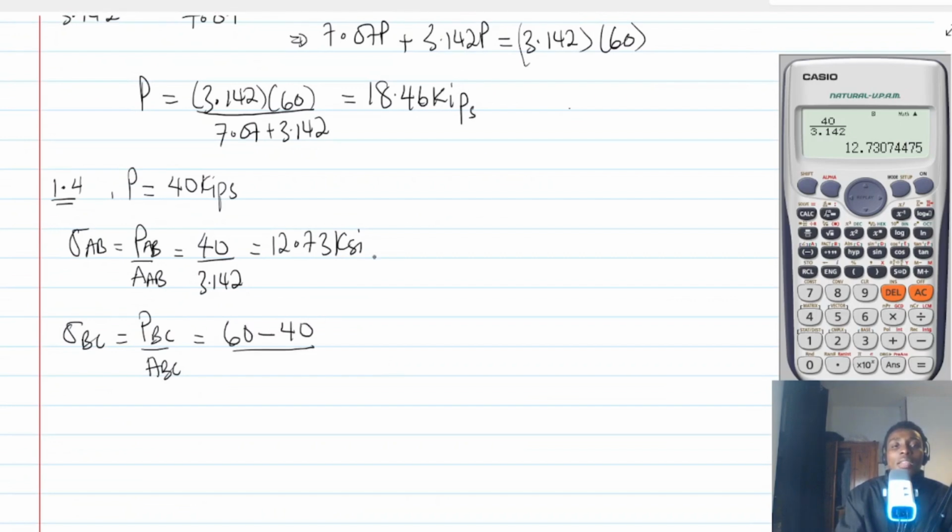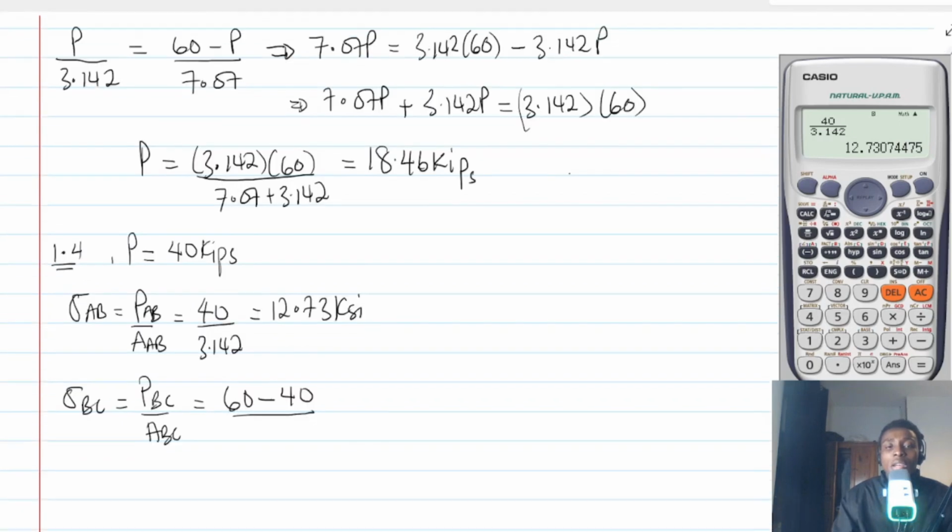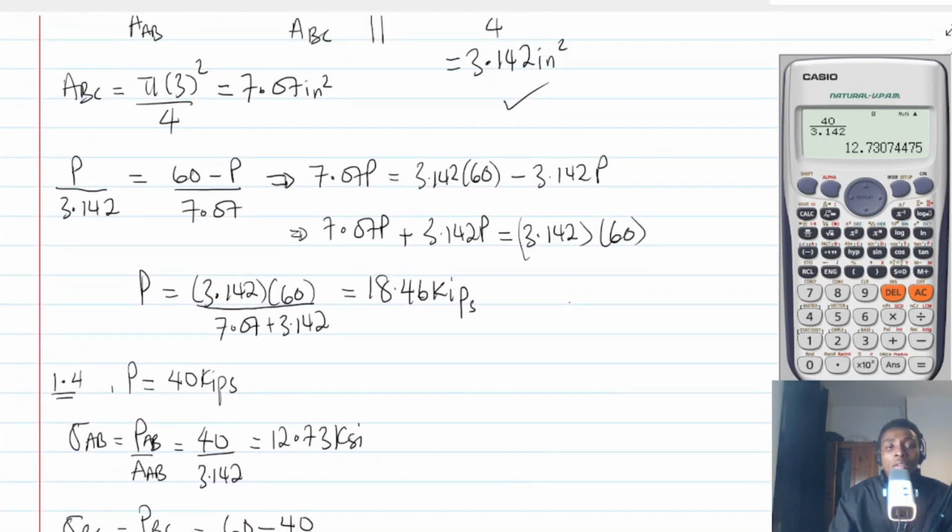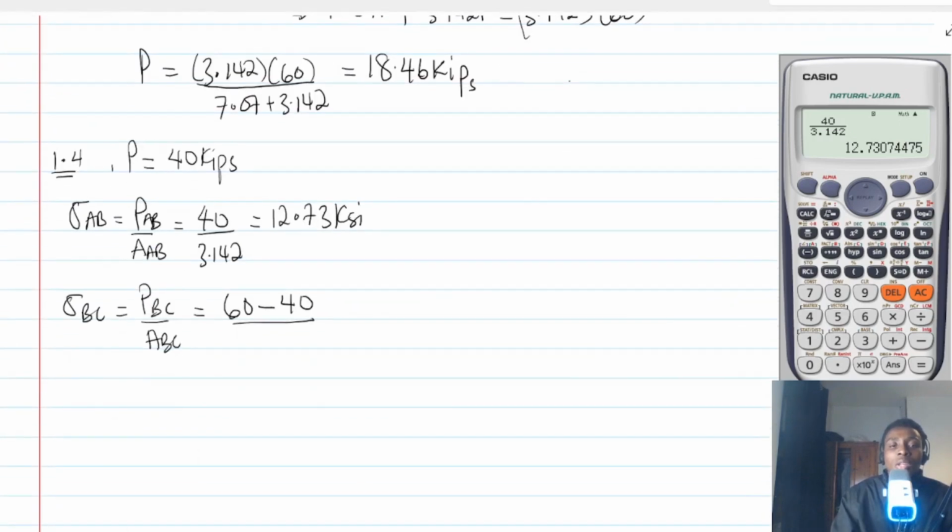Then I'll divide by the area of BC, and the area of BC is 7.07. If you do this, 60 minus 40, which is 20, divided by 7.07, that is going to give you 2.83.